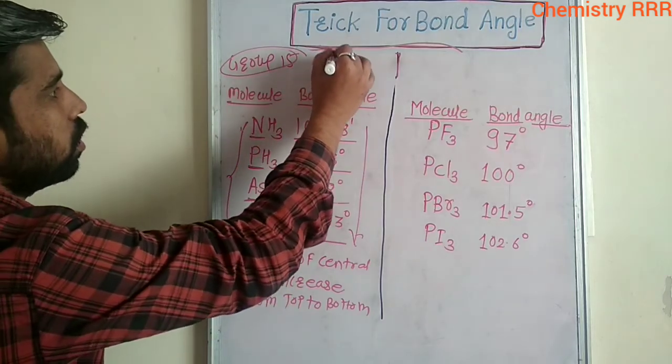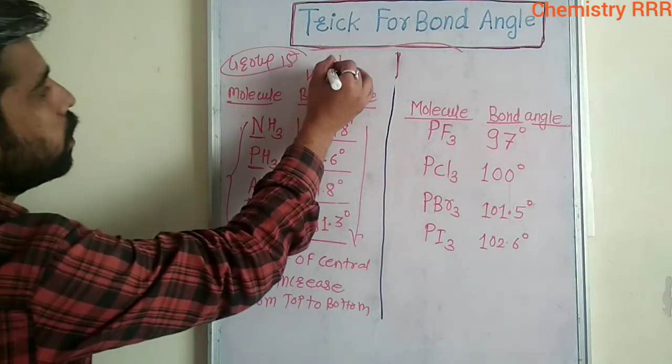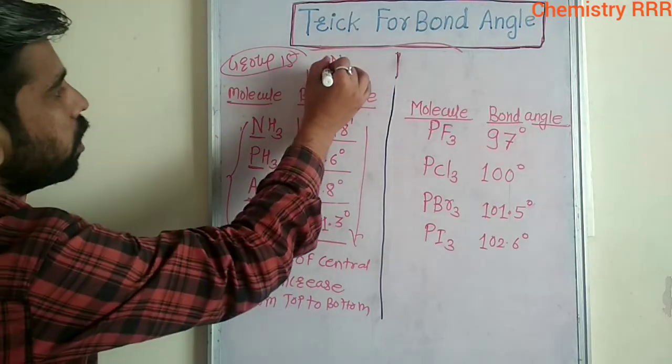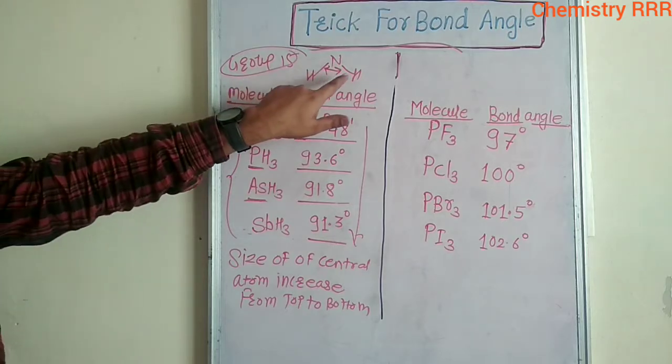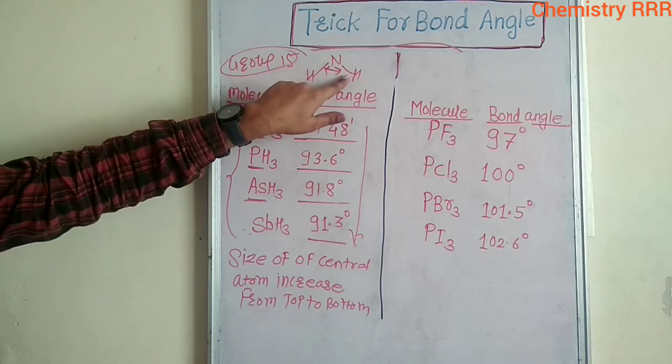Now, you know that for the ammonia molecule there is electron repulsion, that is, there is repulsion between the bond pairs.